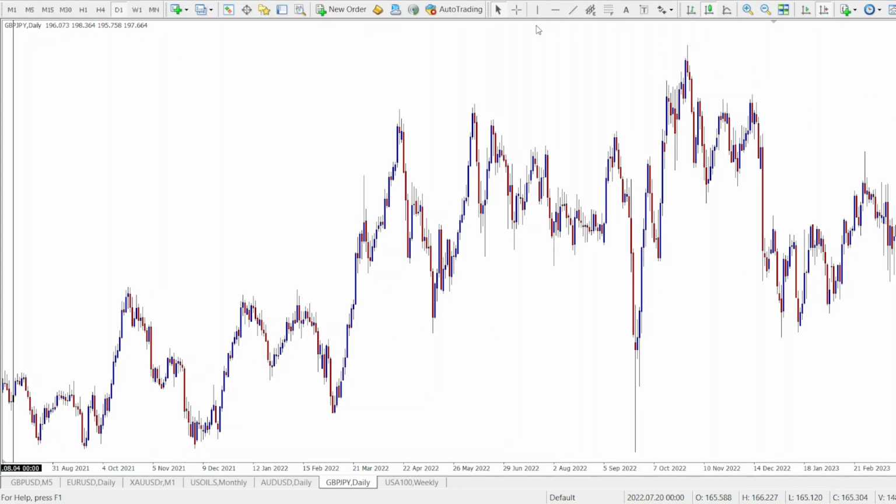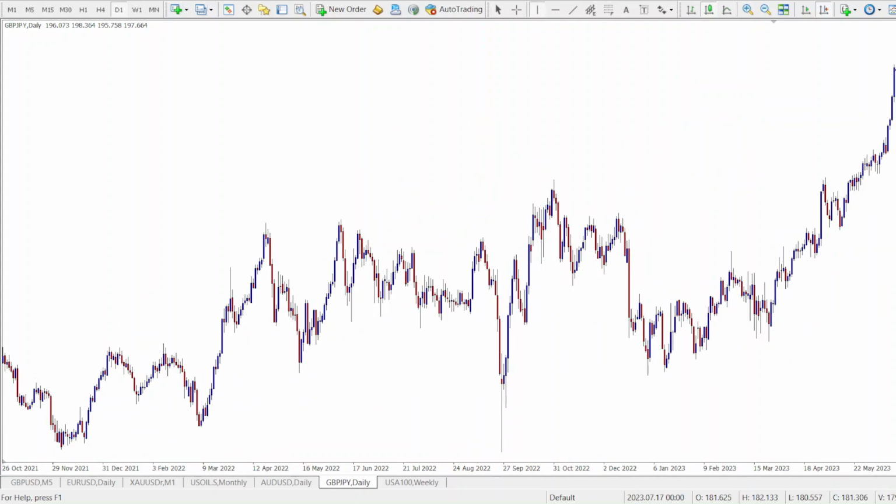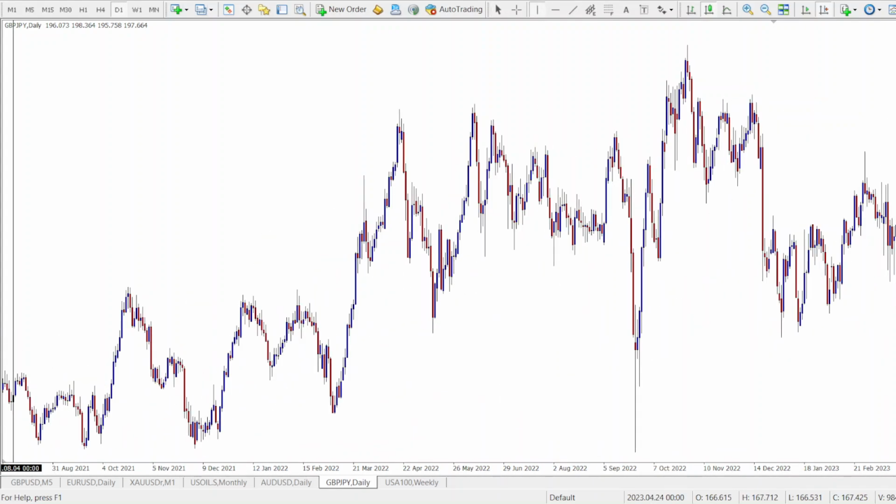So from 2021 to 2023, for about 2 years, this pair was not exactly in a trending phase. It was more of consolidation. So for 2 full years, can you see? If you want to engage in positional trading, you would make more profits if you trade trending pairs.